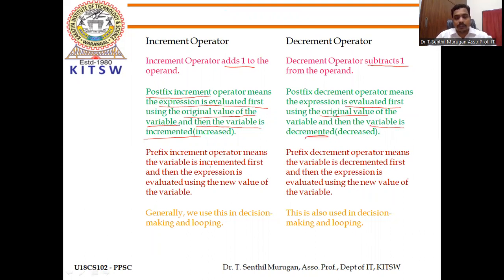Prefix increment means the variable is incremented first, then the expression is evaluated. Same for prefix decrement: first decrement the value, then evaluate the expression. Generally we use these increment and decrement operators in decision making and looping concepts.